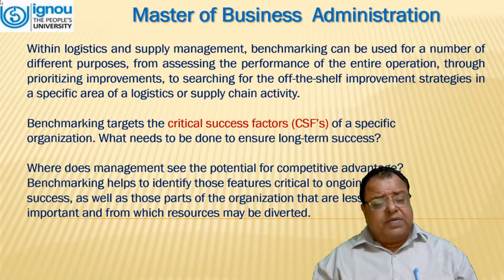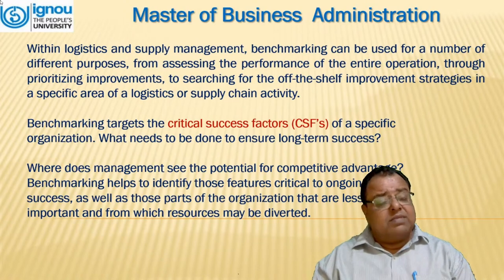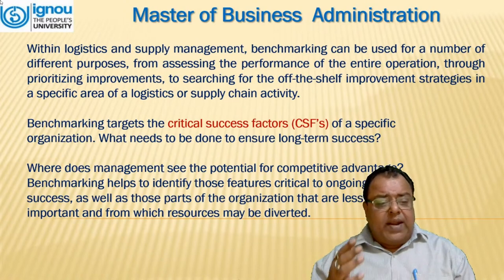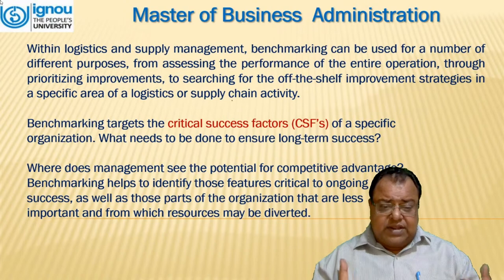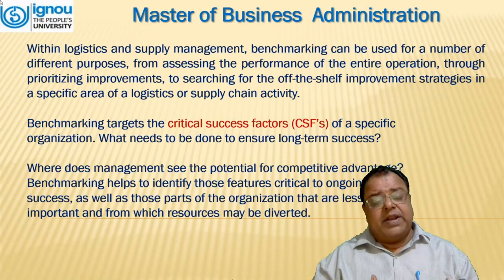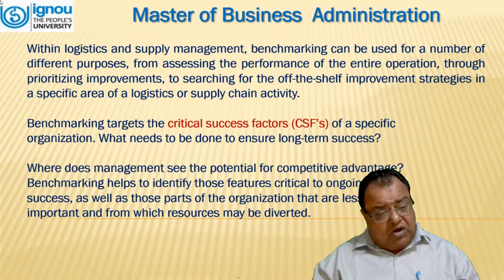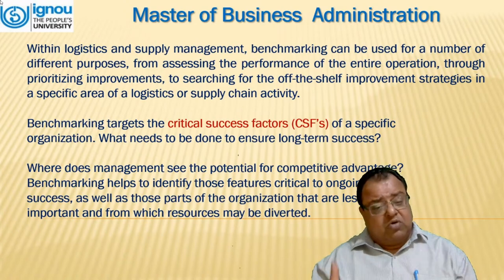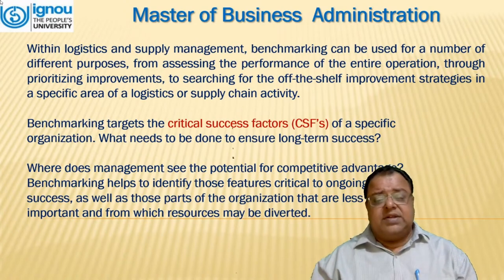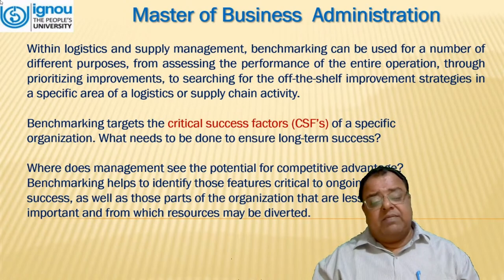What needs to be done to ensure long-term success? Where does management see the potential for competitive advantage? Benchmarking helps to identify those features critical to ongoing success as well as those parts of the organization that are less important and from which resources may be diverted.